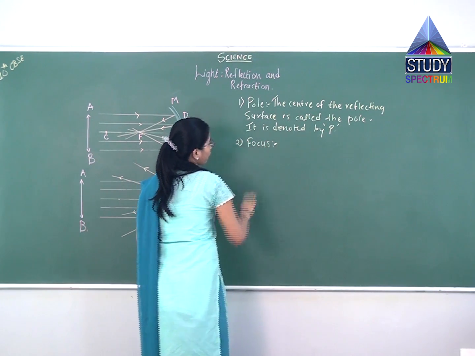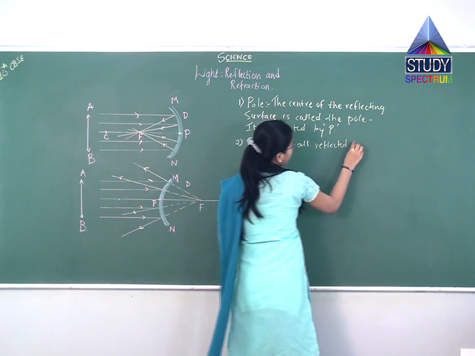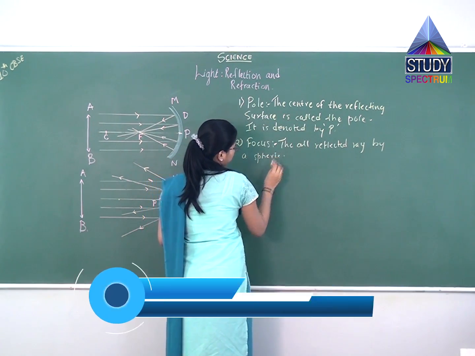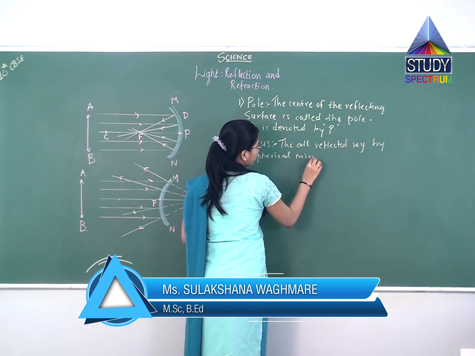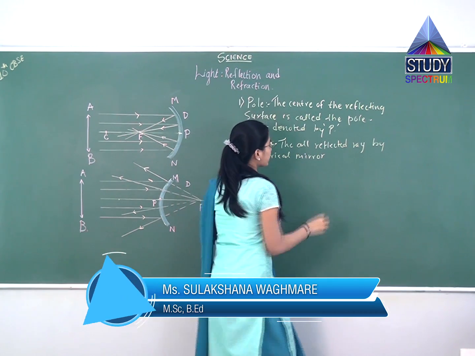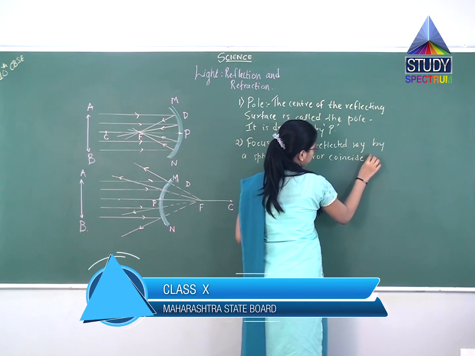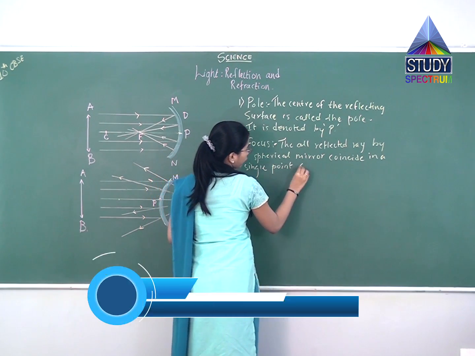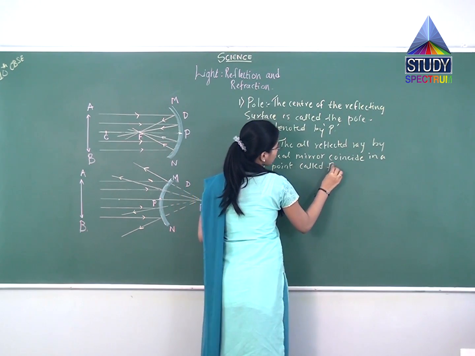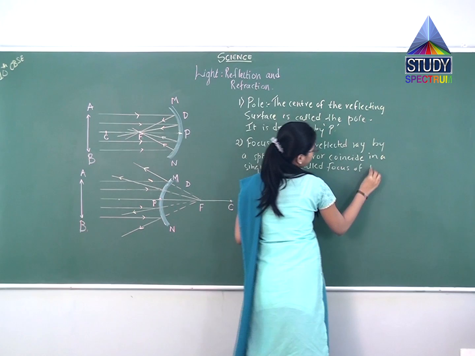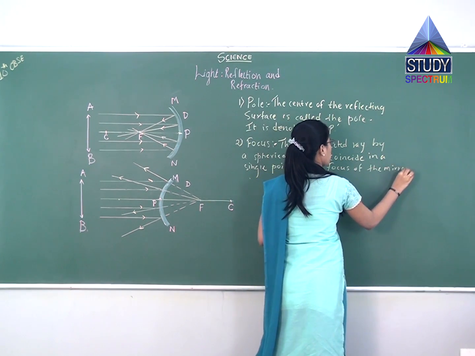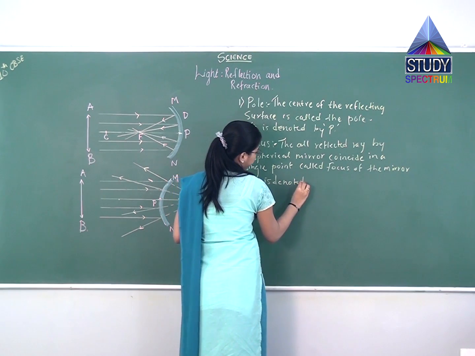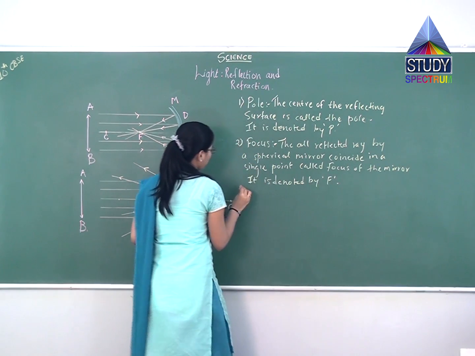All the reflected rays by a spherical mirror coincide in a single point called the focus of the mirror. It is denoted by capital F.